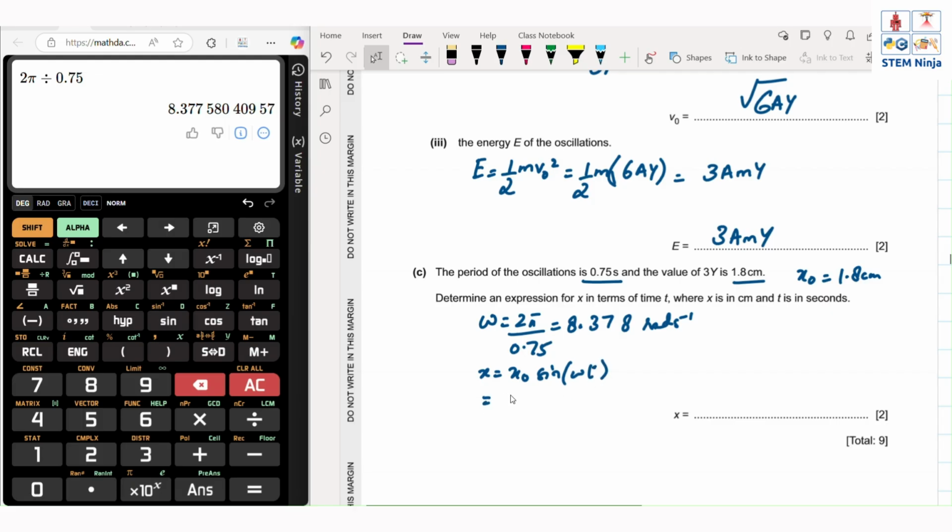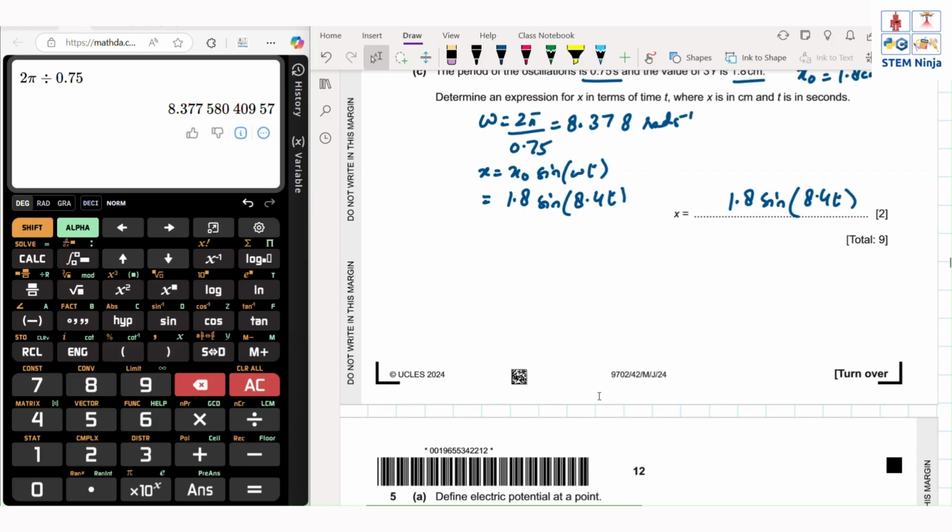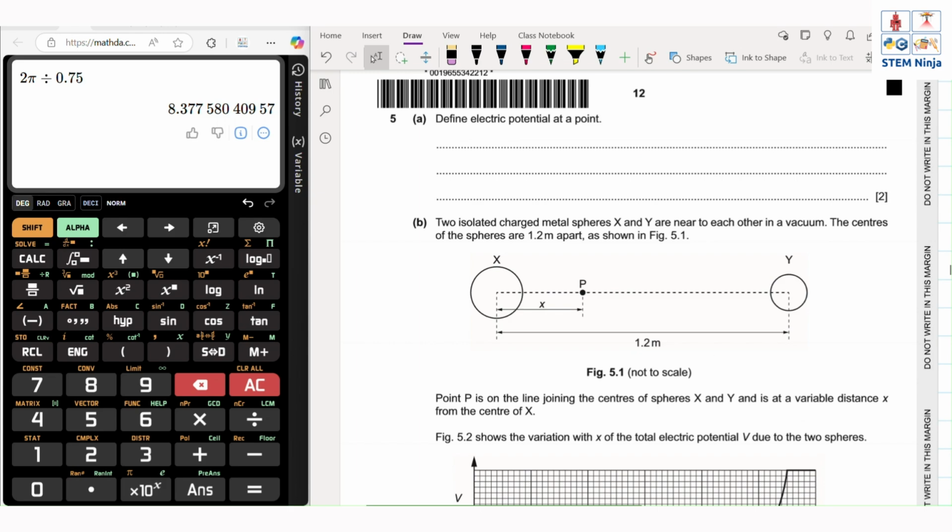That is 1.8 sine of, let's say, 8.4 t. So x equals 1.8 sine 8.4 t. That's all we have to do. All right, moving on to the next question.